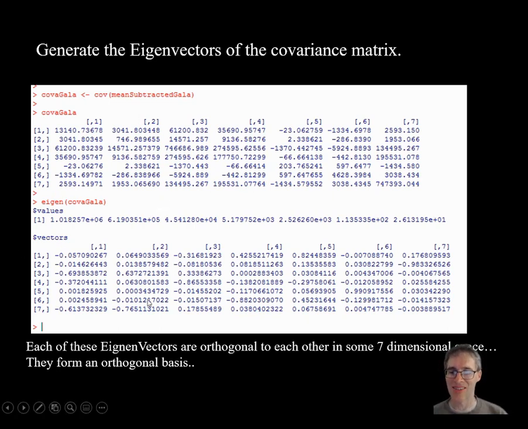The idea of these eigenvectors is that there's some 7-dimensional space that they represent, and each one of these vectors is orthogonal to the others, right? So if you take any one of these vectors and do matrix multiplication against any of the other vectors, that comes out to 0, which is to say, in the 7-dimensional space, they're at right angles to each other.